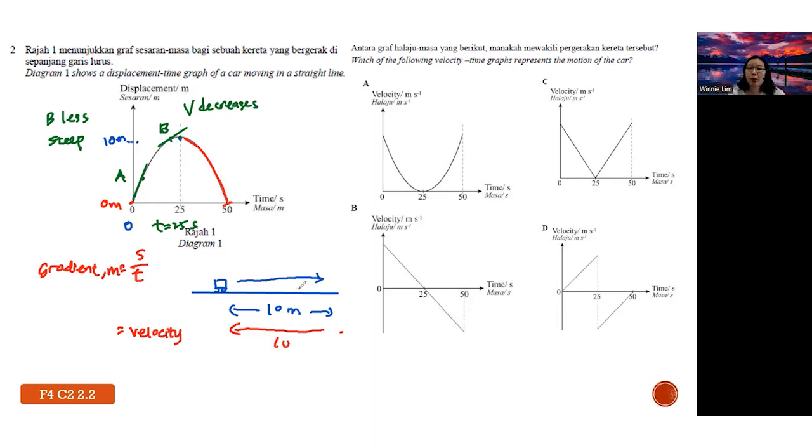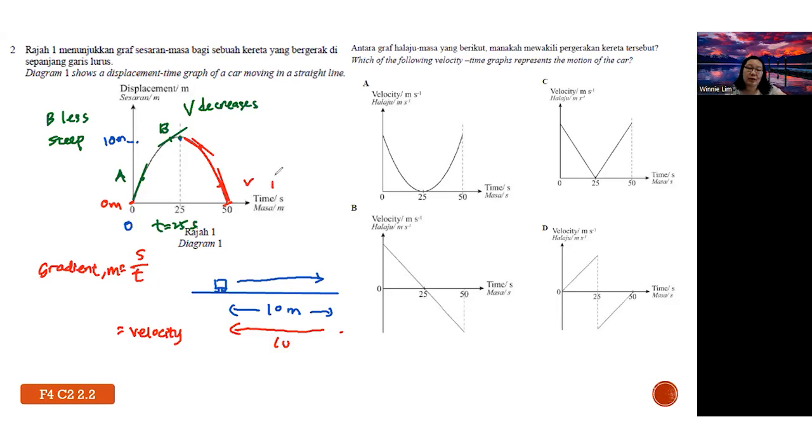Whenever you're not sure, you can always use a line graph to draw the idea. Same thing, you put two dots, and then you try to figure out what happens to the velocity. The gradient will be decreasing first, then increasing, right? Therefore it's getting faster in terms of velocity.